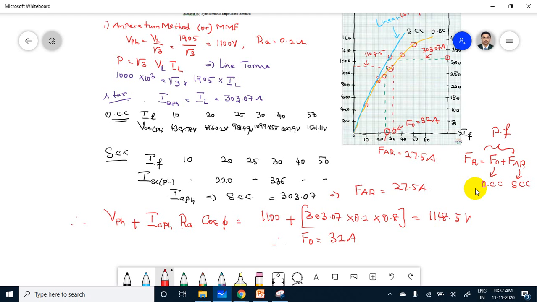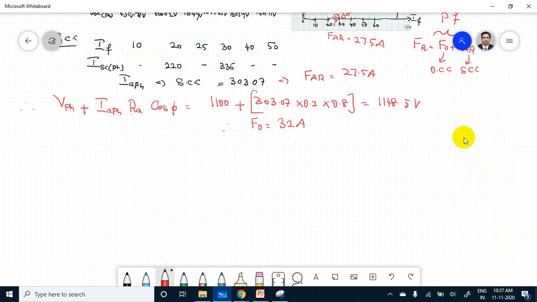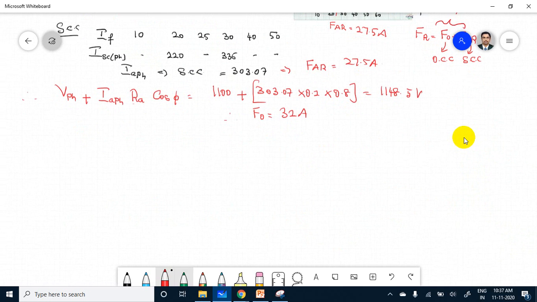Okay, and I'm going to draw the phasor diagram. Please draw the phasor diagram. Take your scale. This is V phase. It is IA phase.